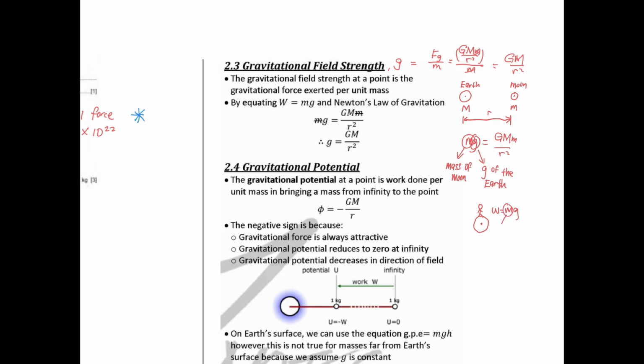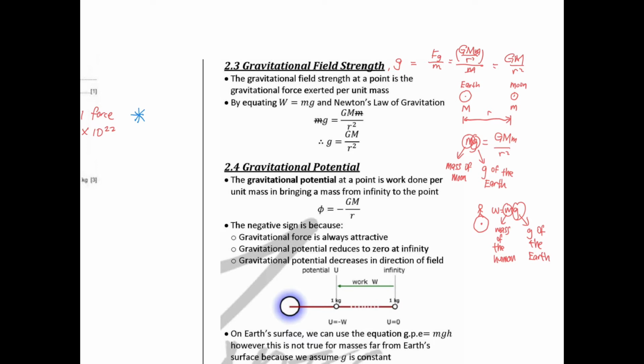So the m is the mass of the human, and the g is the g of the Earth, 9.81. So when you extend your concept to this situation, the m is the mass of the Moon, the g is the g of the Earth.